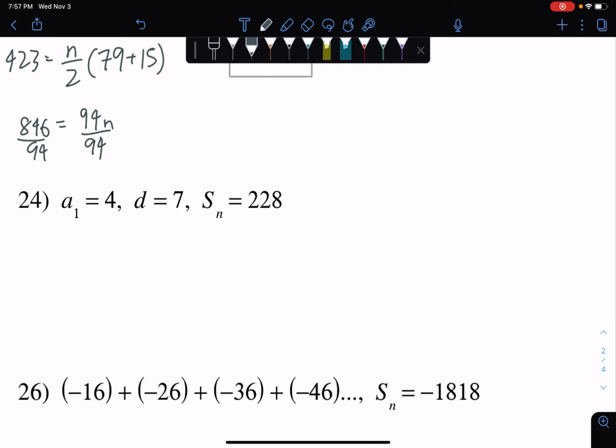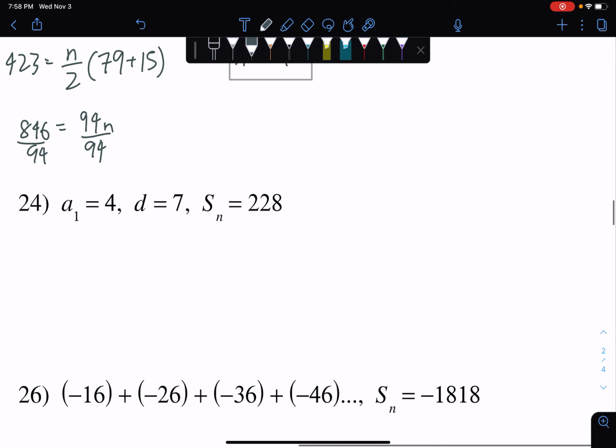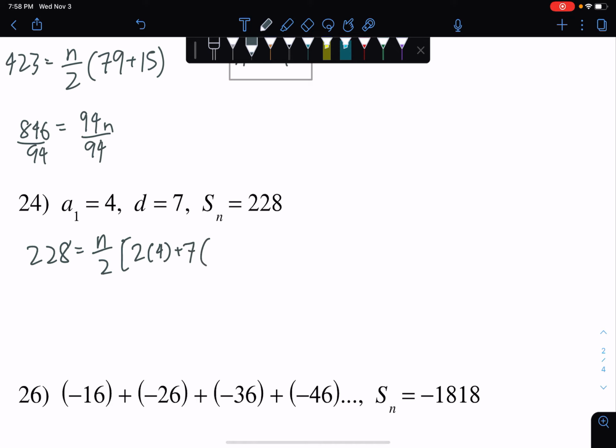Let's move to number 24. It's quite a long solution, but if you get used to it, it's going to be a piece of cake someday. 228 is equal to n over 2 times the quantity 2 times 4 plus 7 times the quantity n minus 1. Multiply both sides by 2. 228 times 2 is 456.